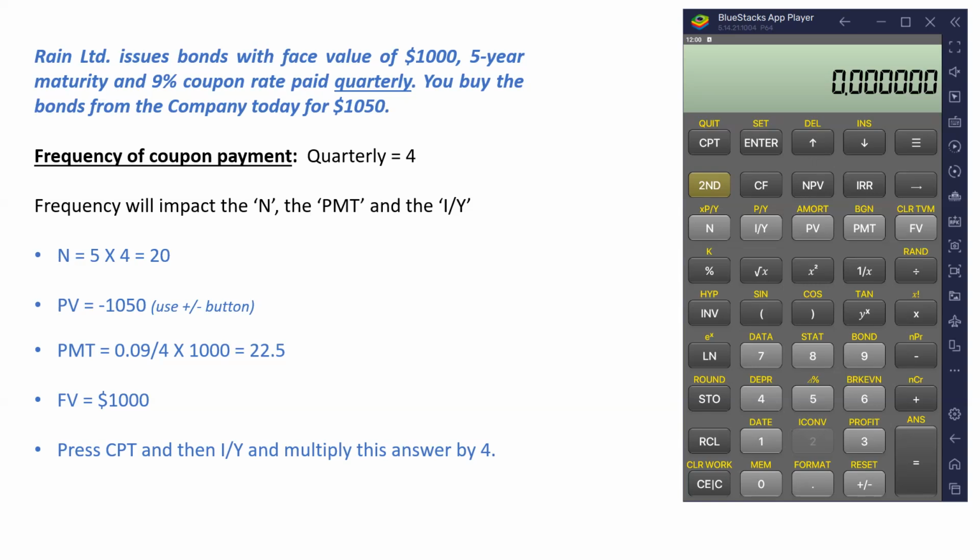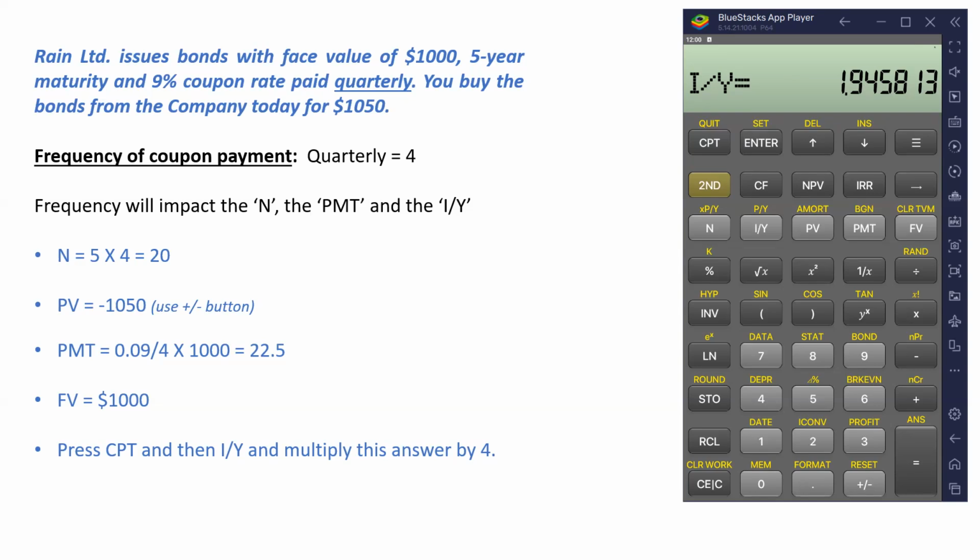So let's do this. We'll press 20, this is my N. 1050 minus, this is my PV. 22.5, this is my PMT. 1000 is my future value.